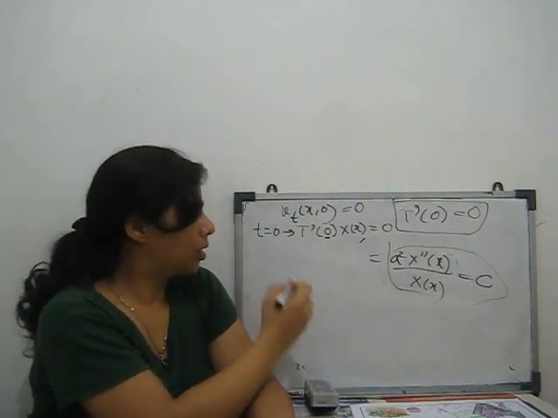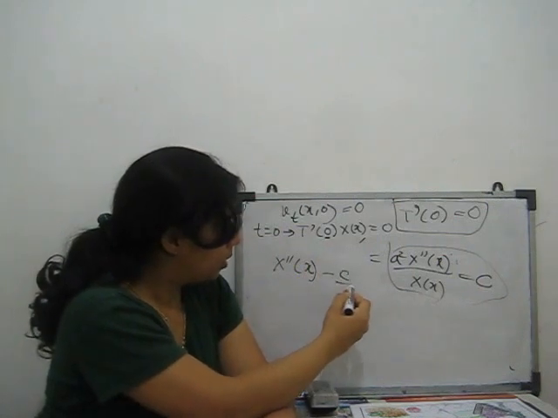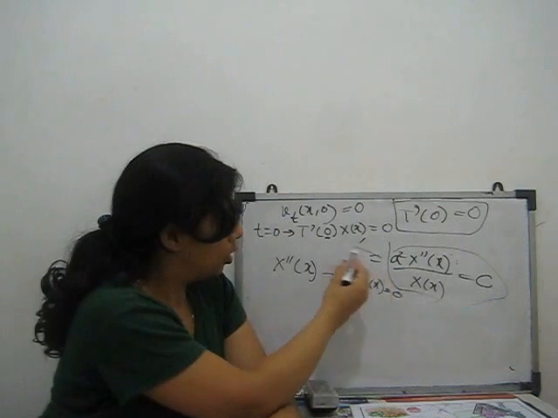Now we have to solve this equation, X double dash x minus c by a square X equal to 0.